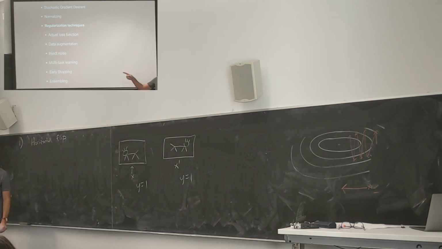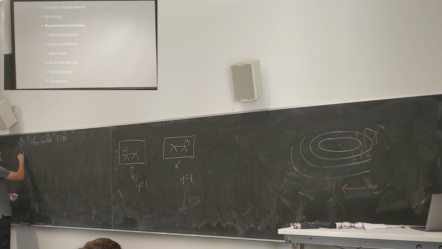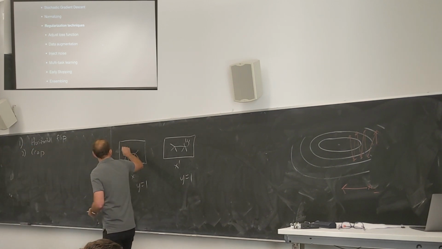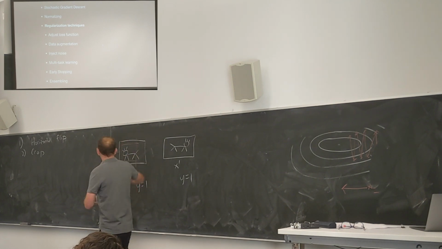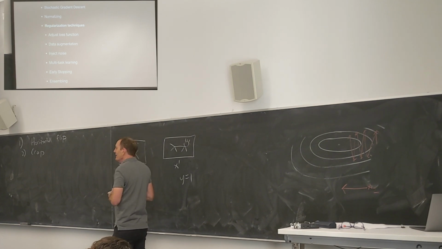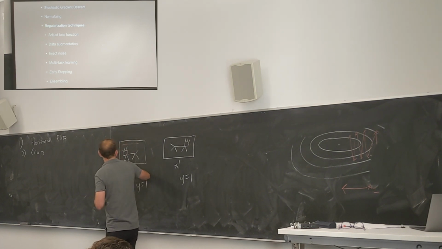All right, I'm going to start in the back. For your group, give me one that's not on the list here. Crop. So you could take it and crop it, and you've got just a smaller one, right? That's still a cat. What about, though, if the cat's face got cut off?